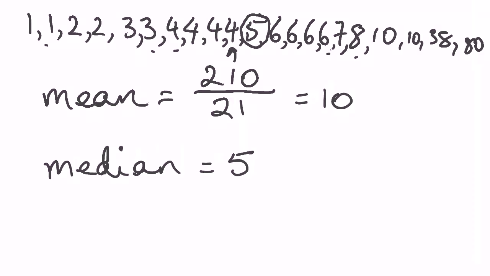There are all these numbers smaller than 10 that are typical. When we add things up, that 38 and that 80 really skewed our mean to be higher than should be typical. So in this instance I'm going to choose the median as a typical number. This is why we have more than one measure of central tendency, because in some circumstances one is more appropriate and in some circumstances it'll be another.